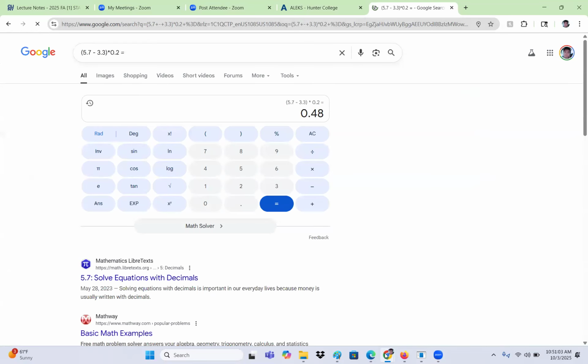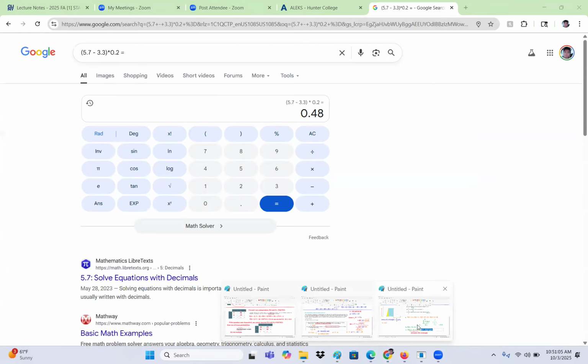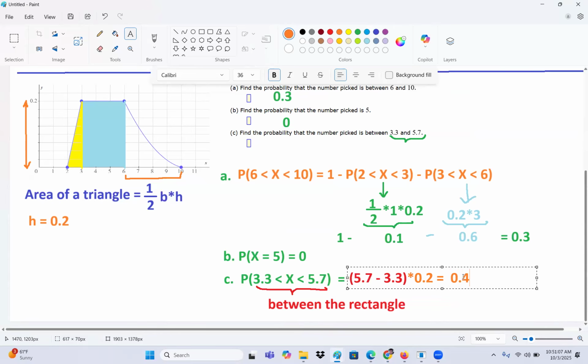You get 0.48 according to the calculator. So that's the final answer.